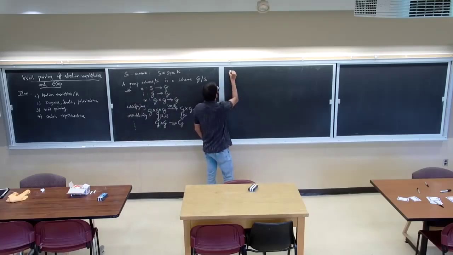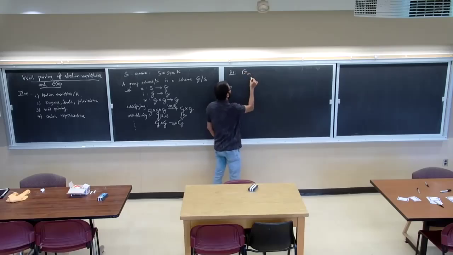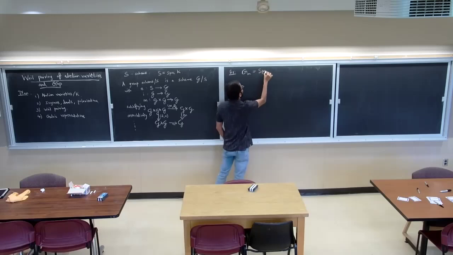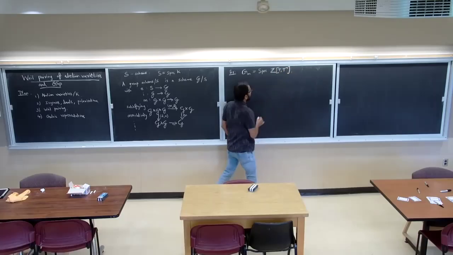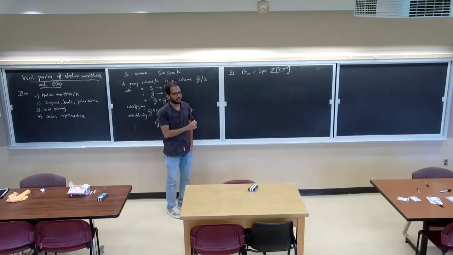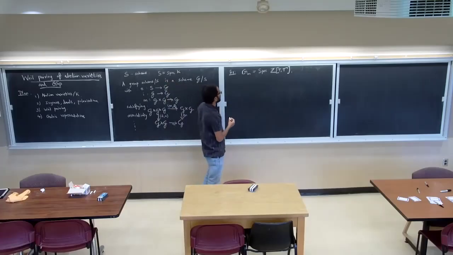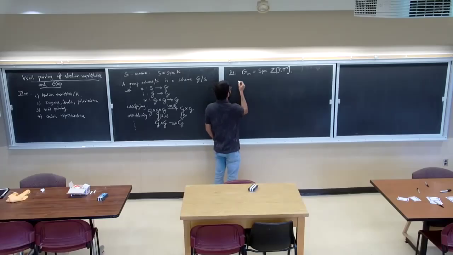Some examples of group schemes are G_m. These are examples of affine group schemes. G_m we can write as Spec of this ring. So this is G_m over Z, the multiplicative group scheme. So what are these morphisms? At the level of rings, the morphisms are going to go in the opposite direction.